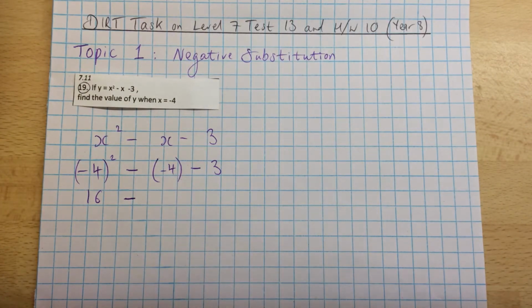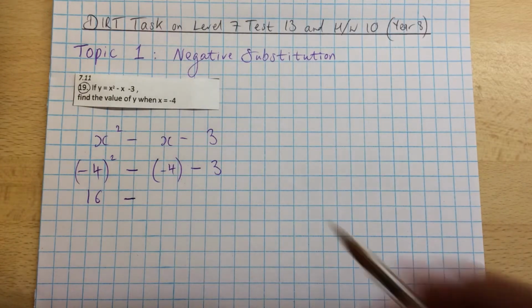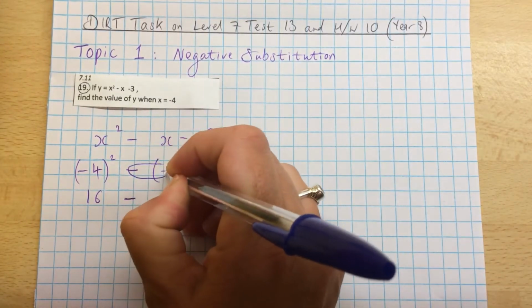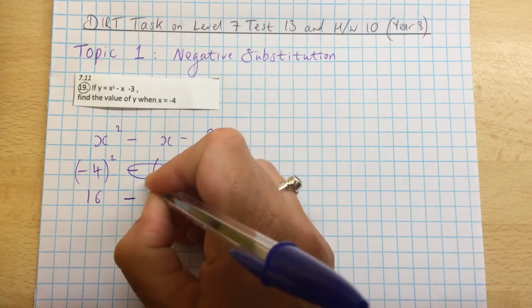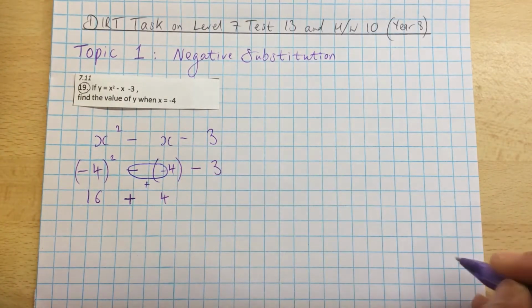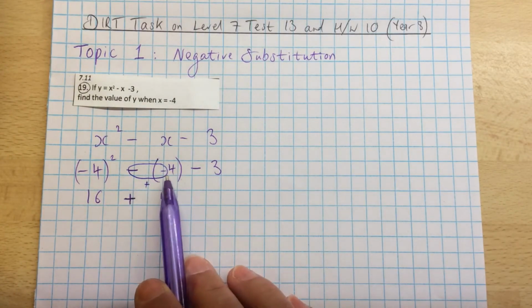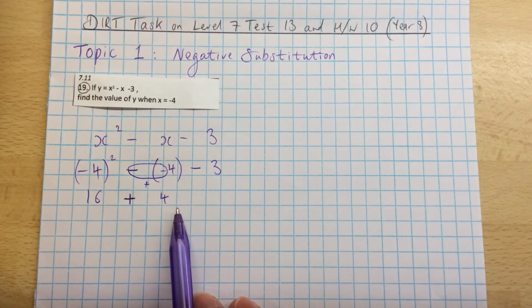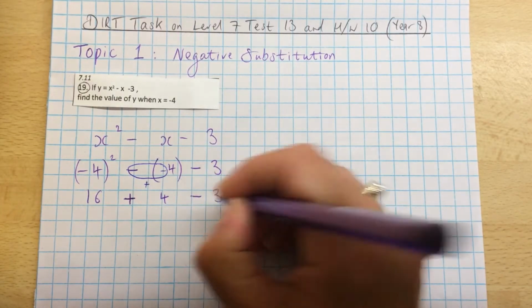And whenever we take away a negative number, we do what we call circling off, and a negative make a positive. When you're subtracting a negative number, it becomes a positive. So that becomes a plus, and that's now plus 4. So minus negative 4 makes plus 4, okay? Then we take away the 3 at the end.